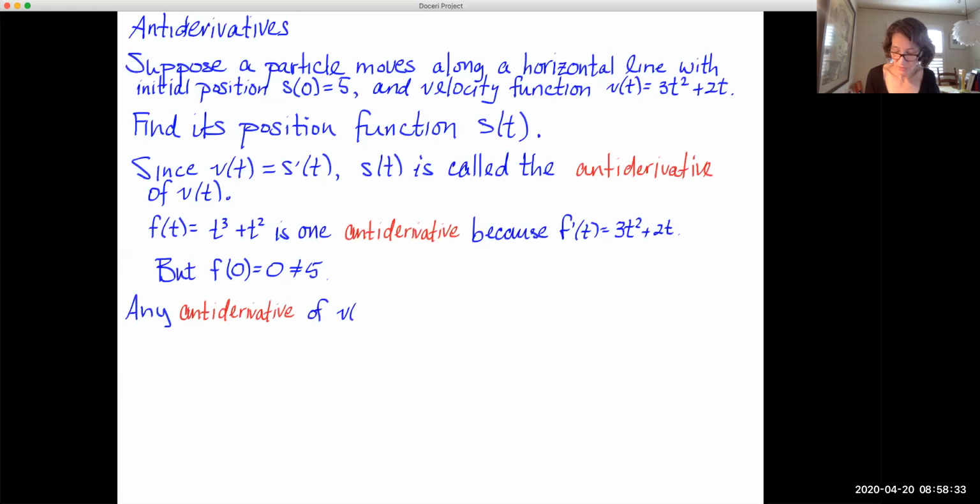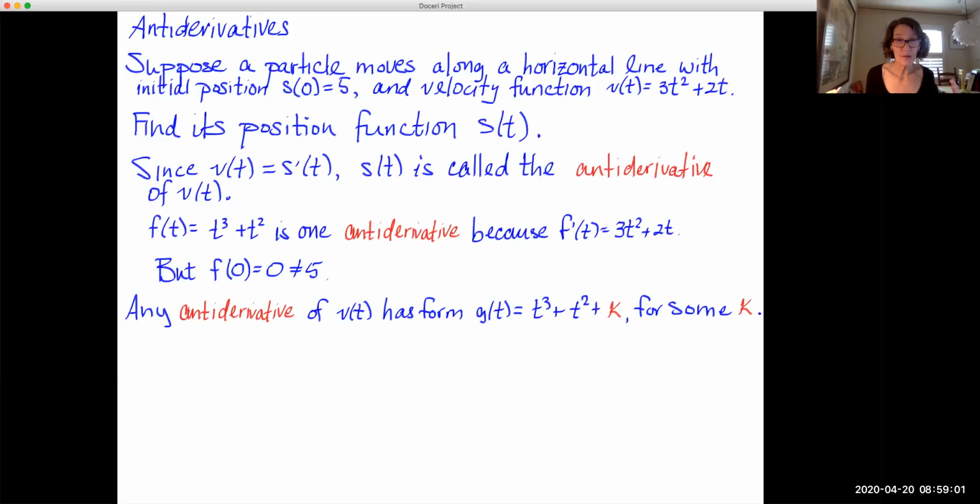But any antiderivative of v of t has to have the form g of t equals t to the third plus t squared plus k for some constant, because if we differentiate that, we just get 3t squared plus 2t, because the derivative of k is 0.